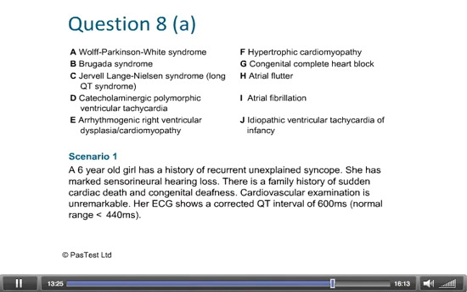Question 1. The correct answer is C. This is quite apparent as the corrected QT interval is greatly prolonged. Prolonged QT interval is associated with sudden death and with hearing disorders.